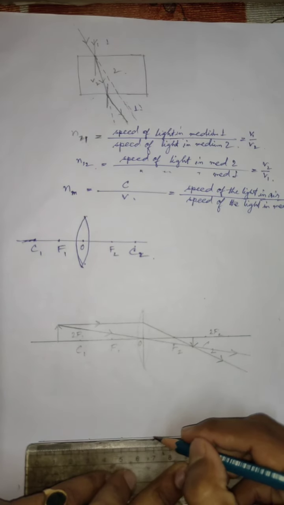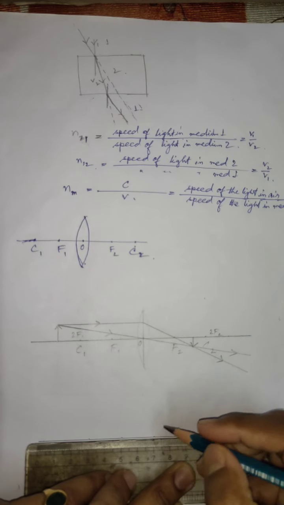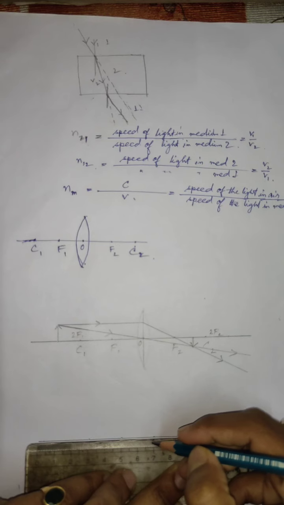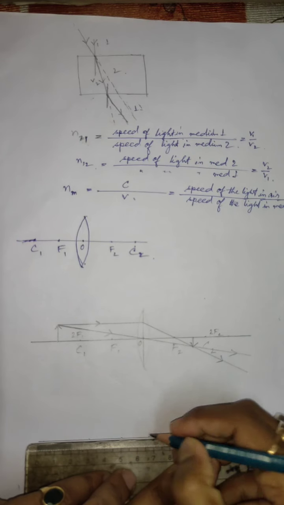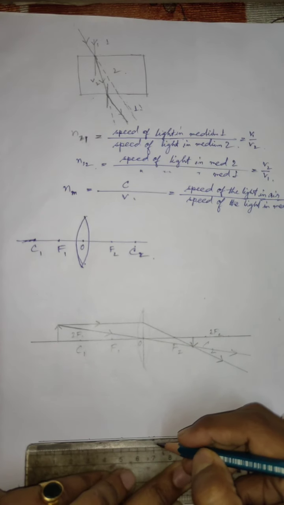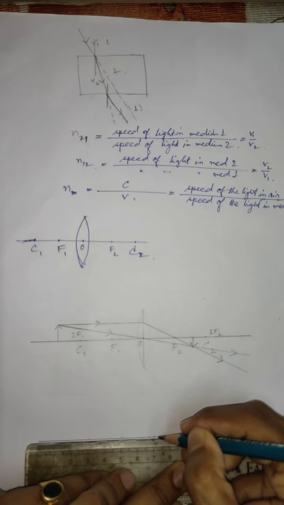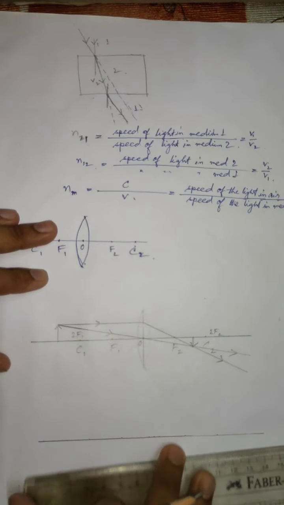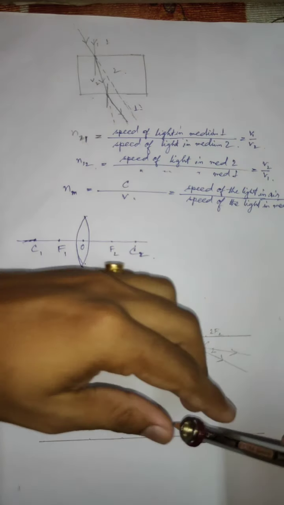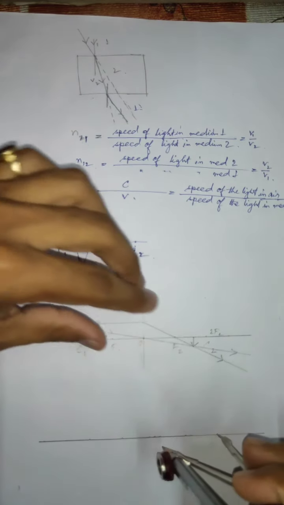Now around the optical center I have placed another 2 points, 2 centimeters apart on both sides. Why have I marked these? Now you can understand. This marking is not required in the case of a convex lens, but for a concave lens it is required.